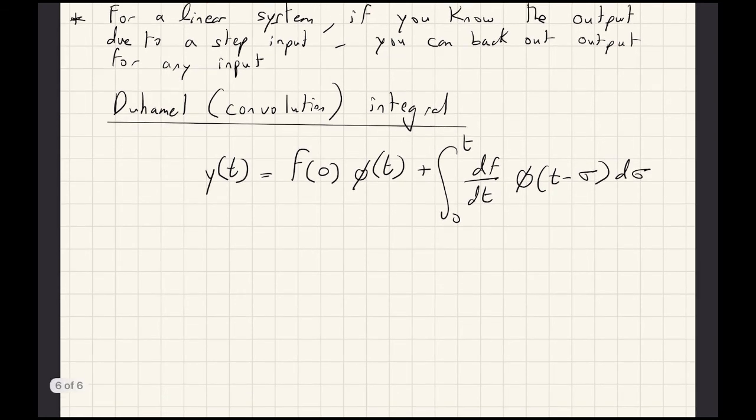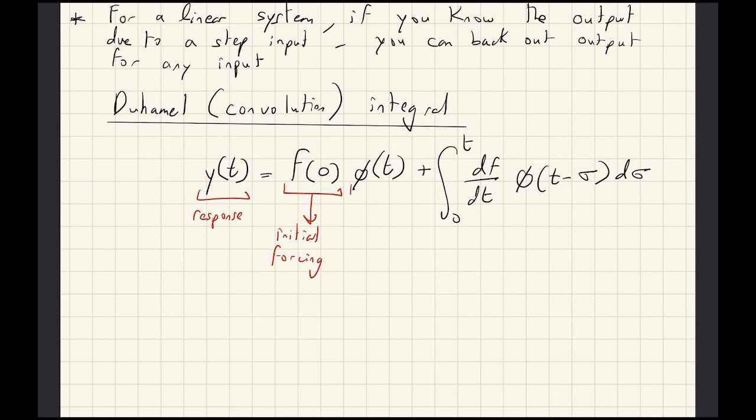This here is the response in time, and f0 is the initial forcing or initial angle of attack. So for example, for Wagner's response, if alpha is equal to 5 initially before the maneuver, then f naught is equal to 5.